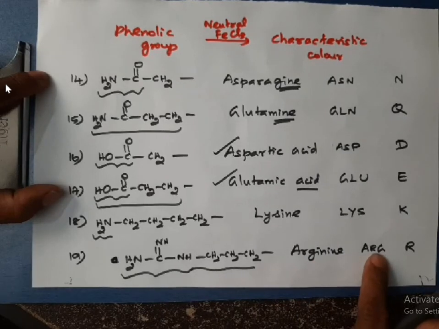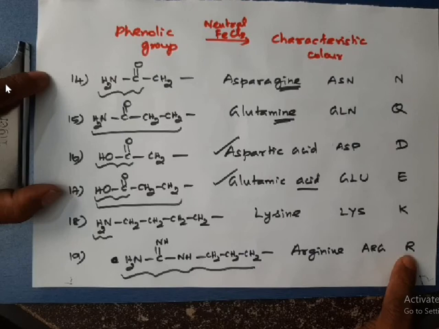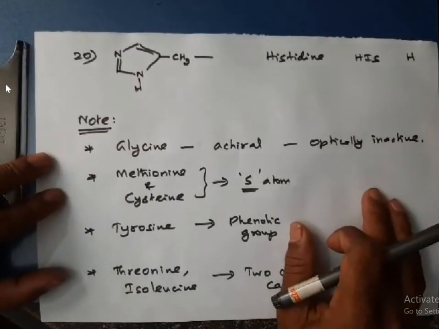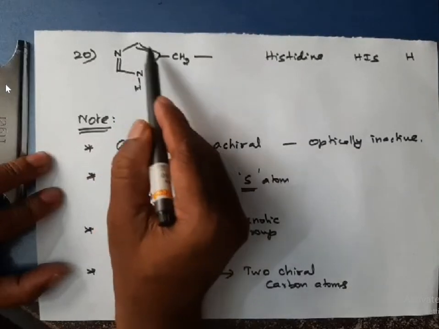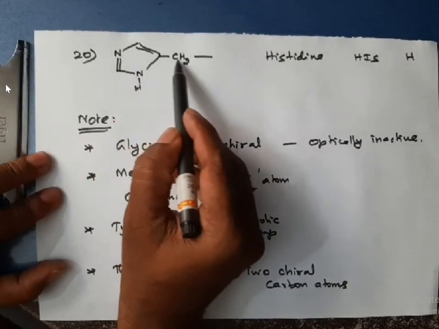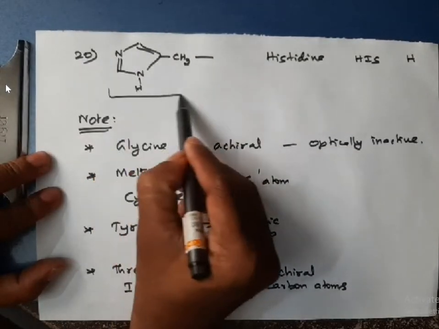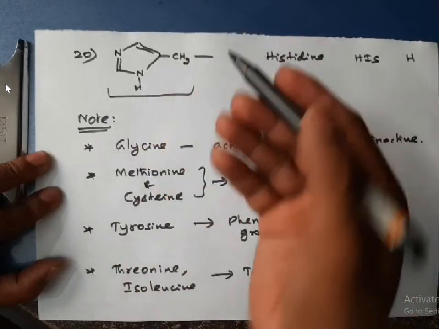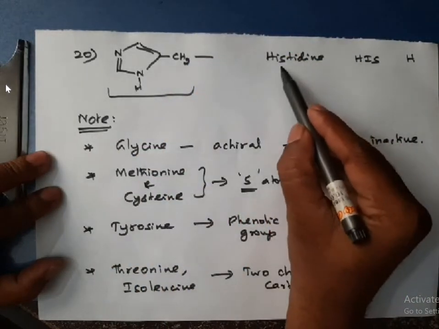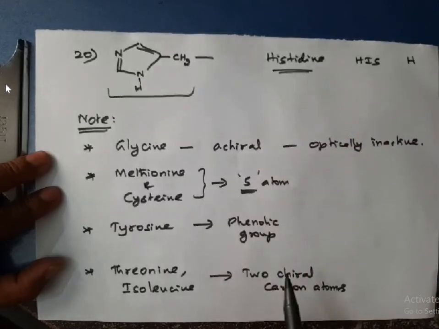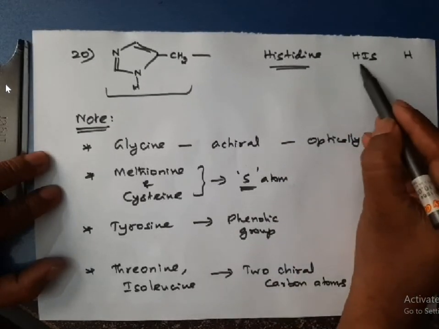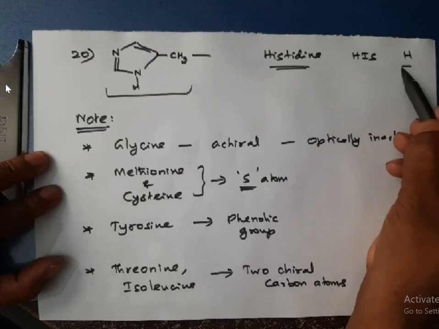The abbreviation is ARG, symbol is R. Then the last one, we have 20 different alpha amino acids. Suppose you have an imidazole group attached with a CH2. If this group is present as the R group, we call that amino acid histidine. The abbreviation is HIS and the symbol is H.